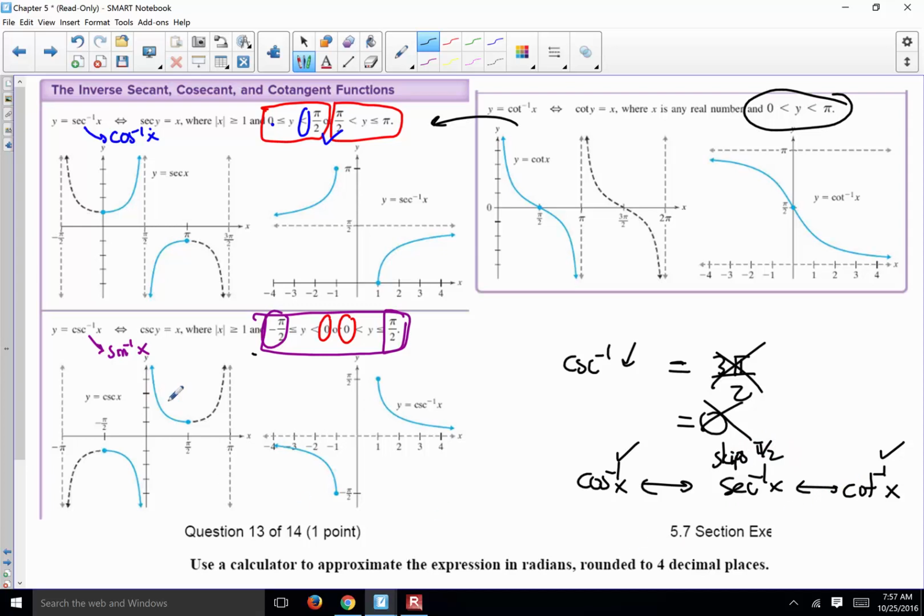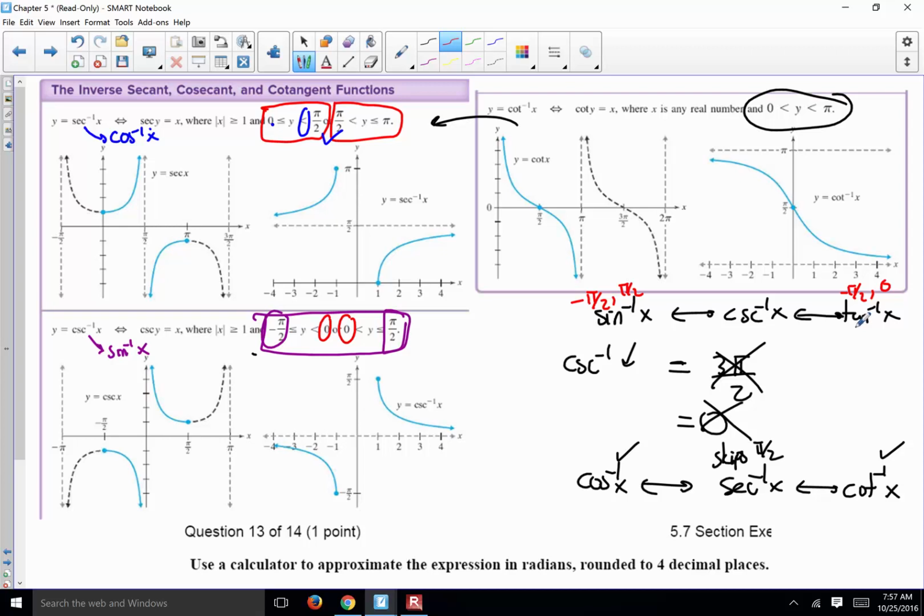Okay? How about the other ones? Sine inverse, cosecant inverse, and tangent inverse. These three act similar. This is from minus pi over 2 to pi over 2. This one is minus pi over 2 to 0, or 0 to pi over 2.